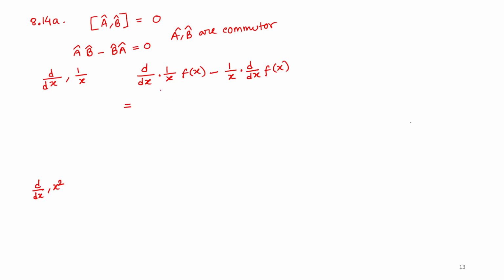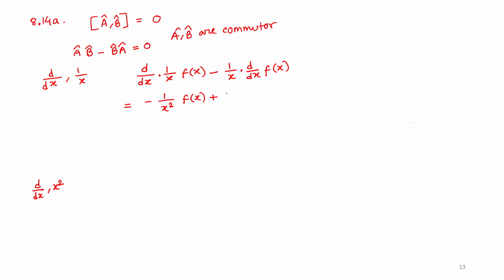But what are we getting? For the first part, as you can see, it is a derivative d by dx of 1 by x and f of x. So this is something we do by the product method, like the UV method, right? First we'll do the derivative of this, and this will remain constant, and then we'll do the derivative of that. So first the derivative of 1 by x, and that is minus 1 by x square, and f of x will remain the same.